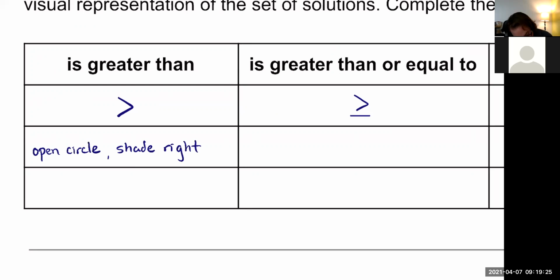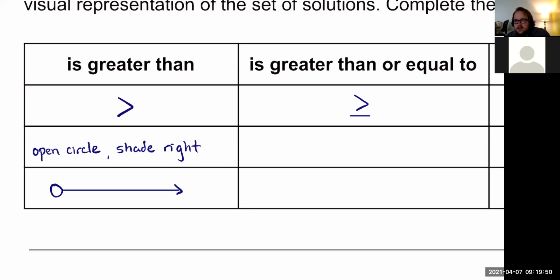Now, visually, that would look something like this. An open circle at whatever value you end up with through this process, and then you'll include everything to the right of it. Because if you think of a traditional number line, the further right you go, the larger the values become. Alternatively, the further left you go, the smaller the values become.